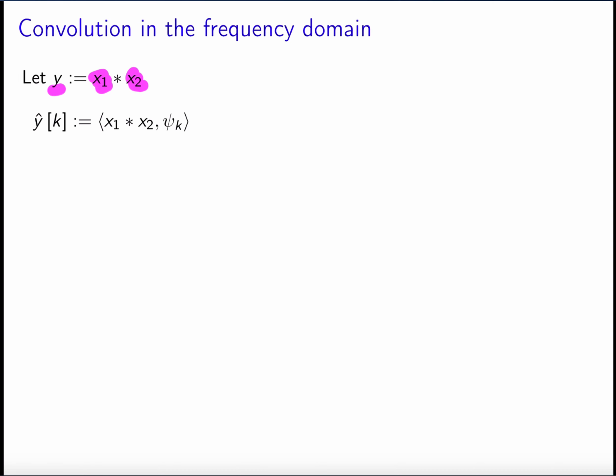And for that, we're just going to compute the kth DFT coefficient of the result of the convolution. And that's just the inner product with the discrete sinusoid of frequency k. So we write this thing out. Remember that convolution is basically you shift one of the signals and you take inner product with the other one. Okay, that's what we do.